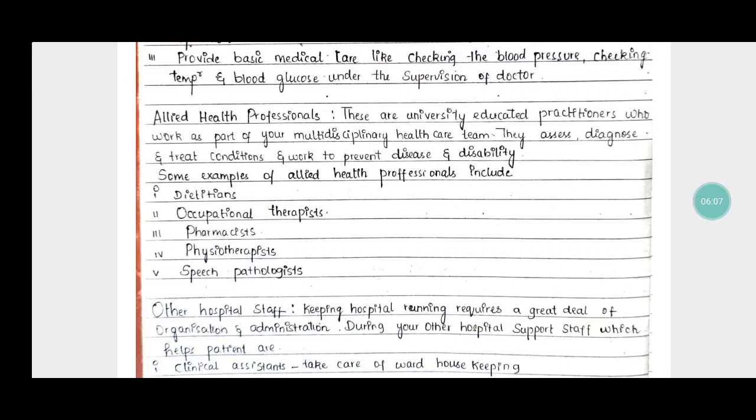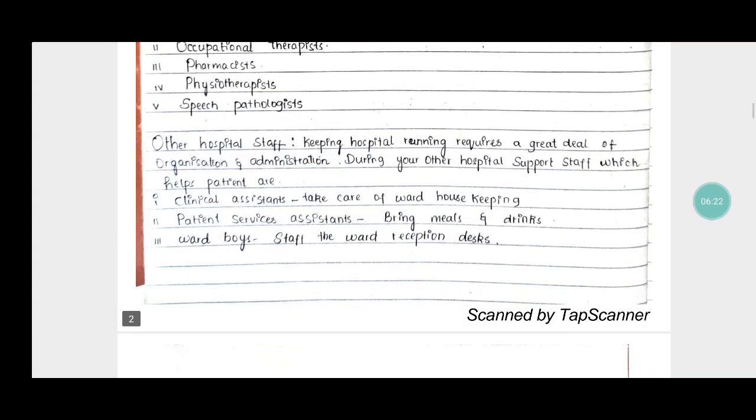So some examples for allied health professionals, like as I said, physiotherapist, speech pathologist, pharmacist, occupational therapist, and nutrition, dietitian, etc.